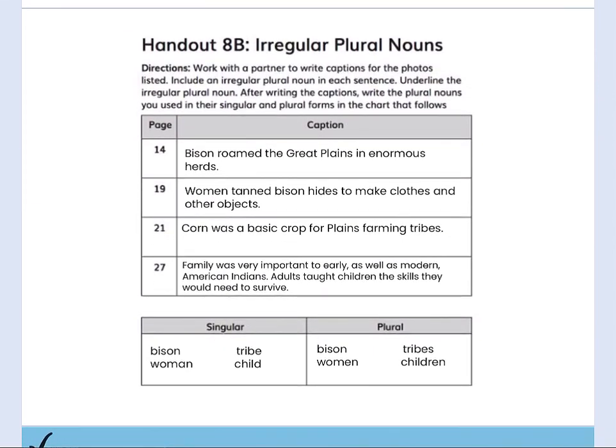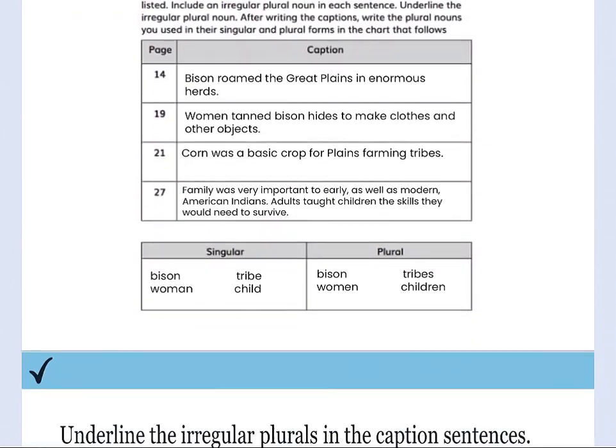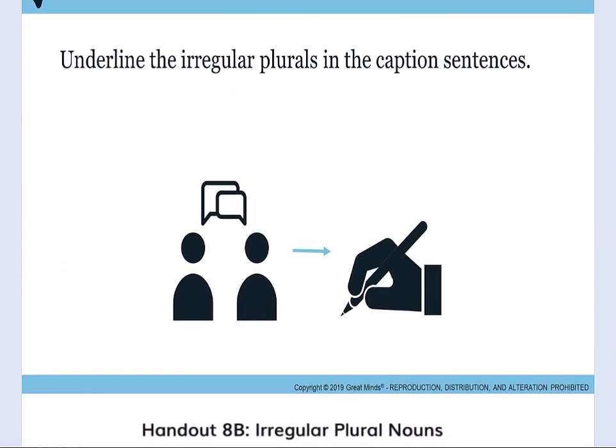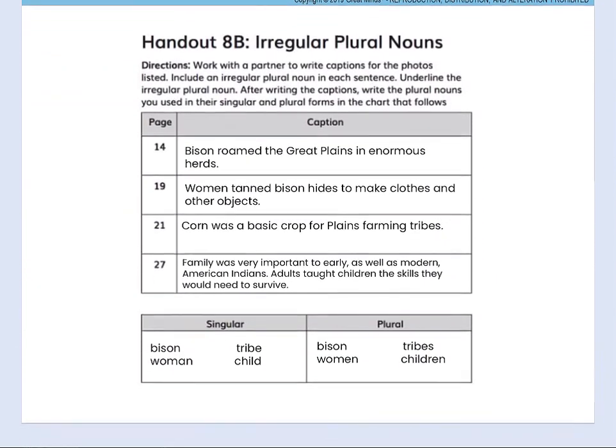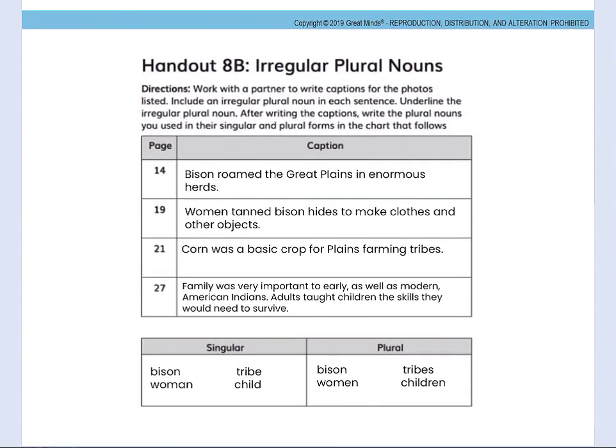Okay, so now we have our captions written in and we have our plural form on the bottom chart on the right and our singular on the left. Take a moment to look through that and make sure you have it all filled out. And our final step that we are going to do today is to underline the irregular plurals in the caption sentences. So we're going to look for our plurals and we're going to underline them. Now, this is a little easier because we already wrote them at the bottom.